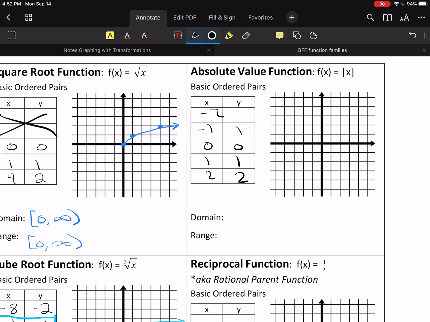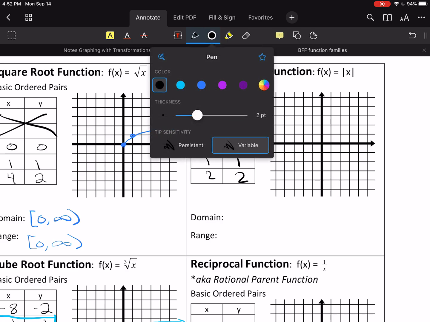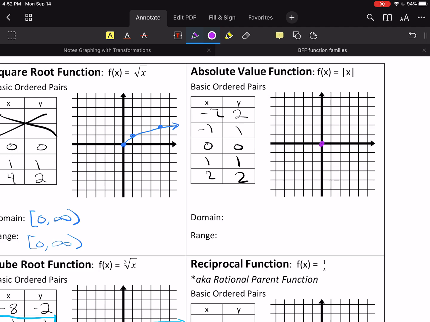Negative 1 would become positive. Negative 2 would become positive. So on my graph: (0, 0), (1, 1), (2, 2), (-1, 1), (-2, 2). Domain, all real numbers. My range, I'm going from 0 to positive infinity.